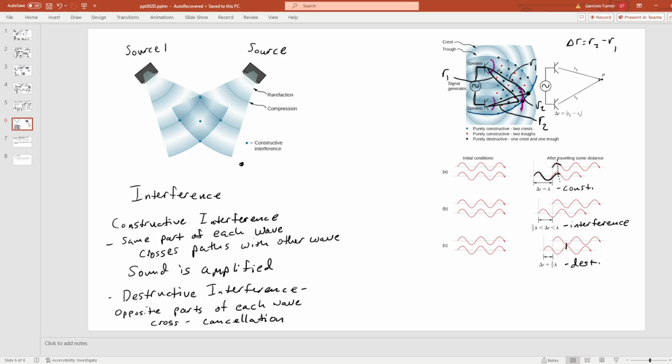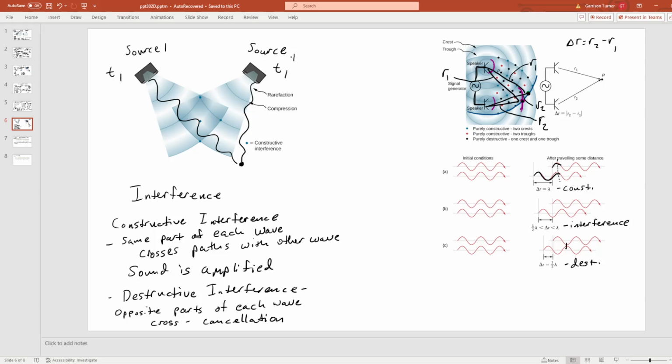somebody standing right here, the sound wave from this speaker and the sound wave from this speaker, at time T1, at an exact point in a song being played through the speakers, that part of the song is going to reach our person from this speaker sooner.